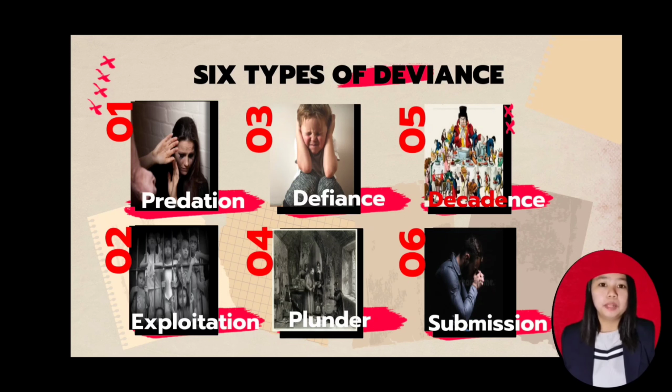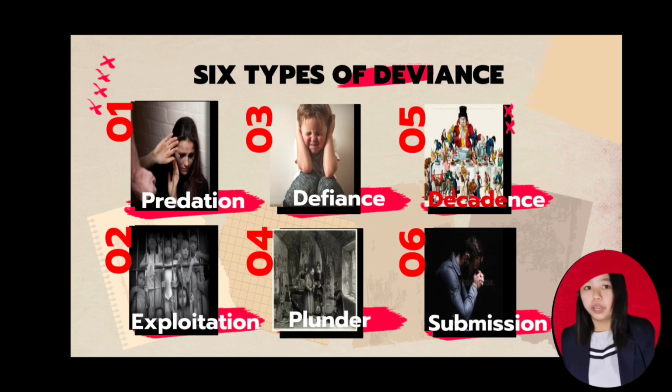Fourth is plunder, pursuit of one's own goals with little regard to one's actions. The fifth is decadence. This deals with unpredictable and impulsive acts. And lastly, submission, which means passive obedience towards others.